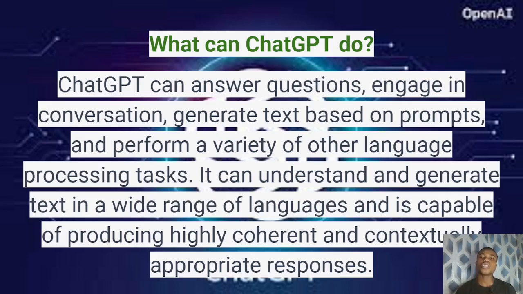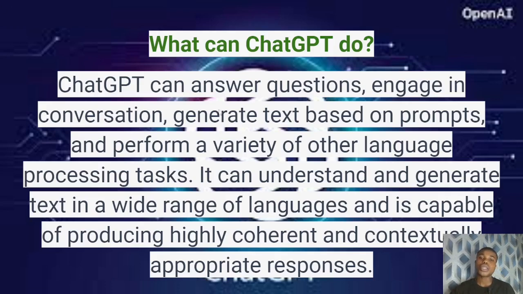So if you type in, let's say, 1 plus 1, ChatGPT is going to give you the correct response. They are always trying their best to make their answers accurate.